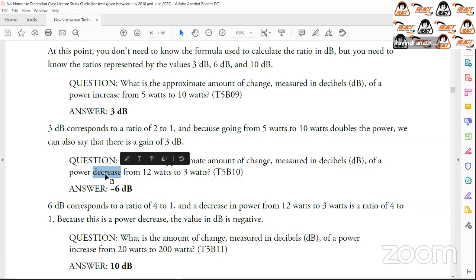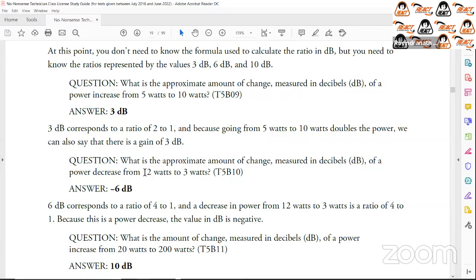In the question pool, several of the distractors may be positive. So when you see that they're asking about a decrease, but you've seen positive values, you will say, nah, a decrease can't have a positive value. It has to have a negative value.